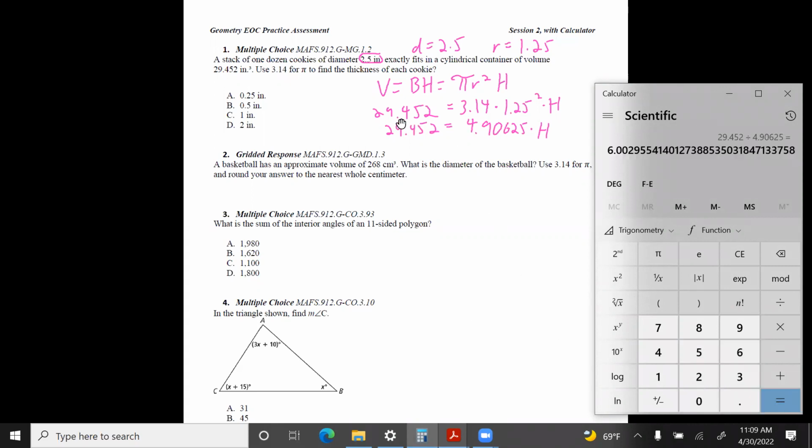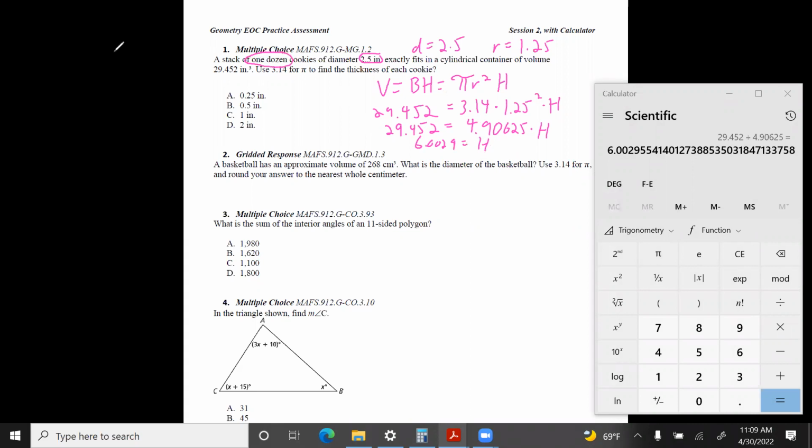That gives us approximately 6 for the entire height. So we have 6.0029. You'll round it off there for the height. That's for all 12 cookies because it says 1 dozen.